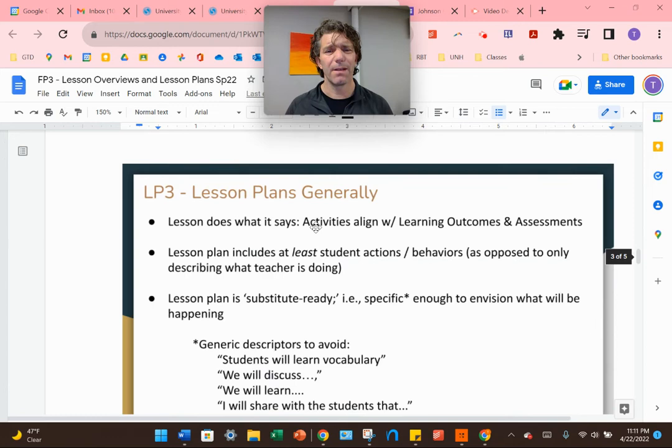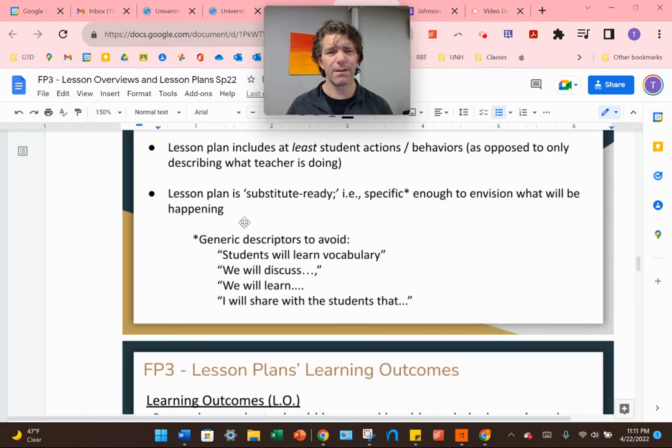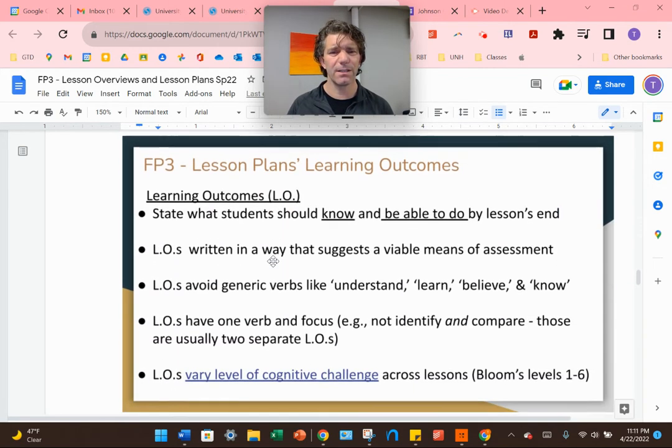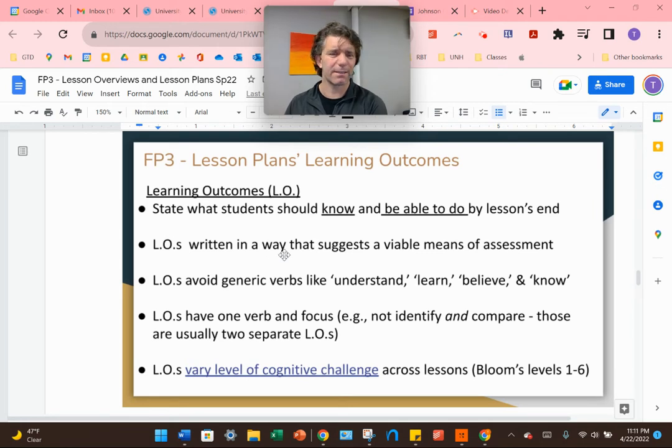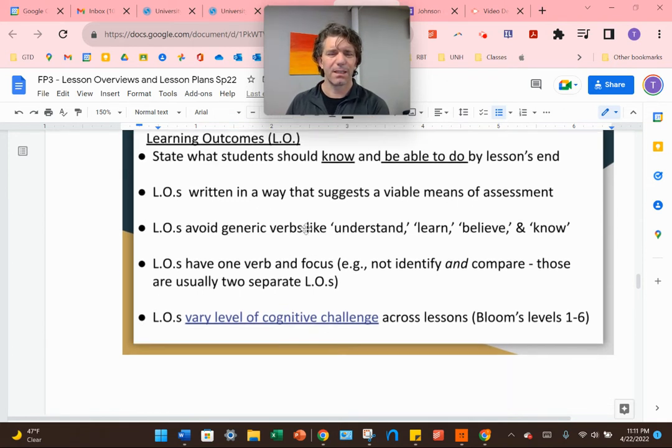So there are good reminders about how to write lessons. One thing I'll point out is lesson plan learning outcomes. Generic words like learn, believe, how, they don't really tell you what that means. How will you know when someone has understood something?